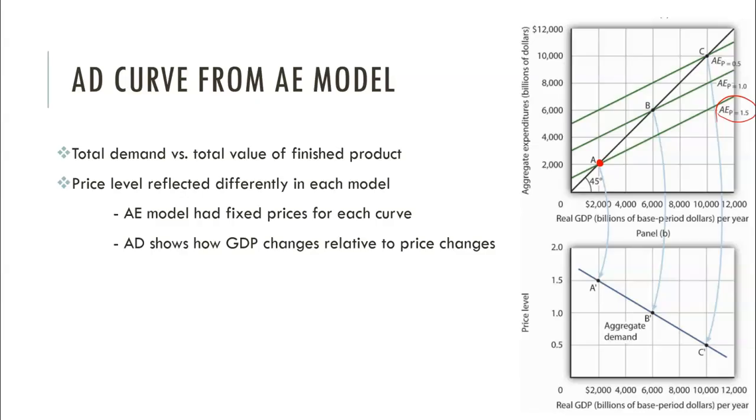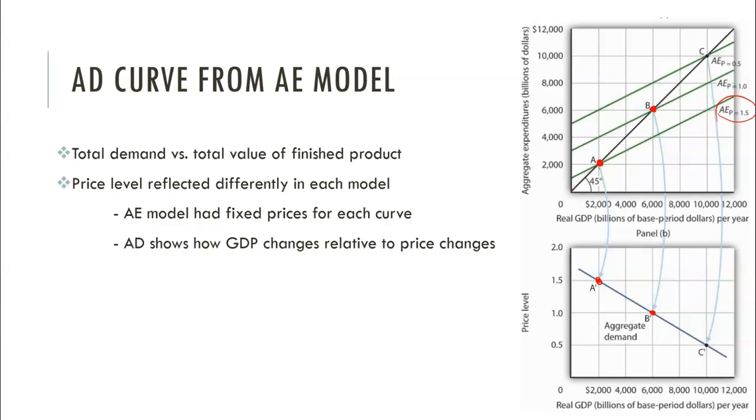That equilibrium point is then plotted down here on this graph where we see real GDP and price level. So we say at a price level of 1.5, we have an equilibrium of $2,000. Then we draw our aggregate expenditures model with a price of 1. Find that equilibrium, which in this case is going to be 6,000, and then we plot that down here. So we see at a price level of 1, our equilibrium GDP is going to be 6,000.